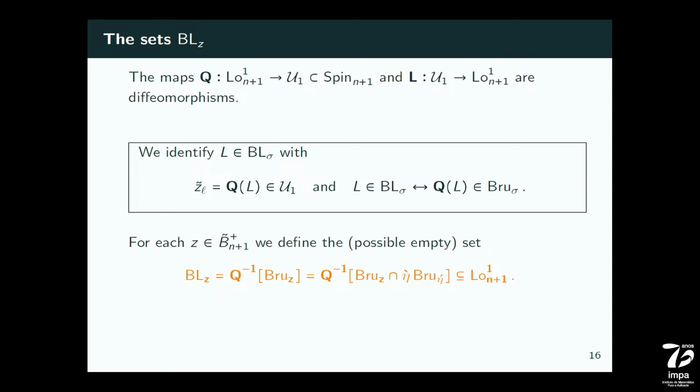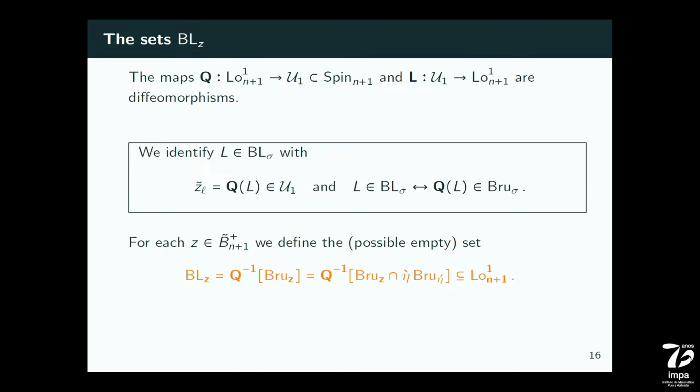These maps are nothing else than doing the LU decomposition, and this is possible. They are well defined because of the condition that they are open, contractible neighborhoods of the element 1. And we identify a matrix here with these elements, Z L tilde, in the set U1.